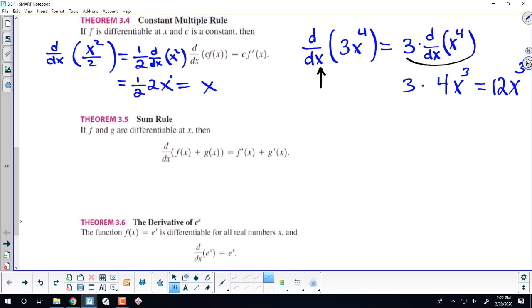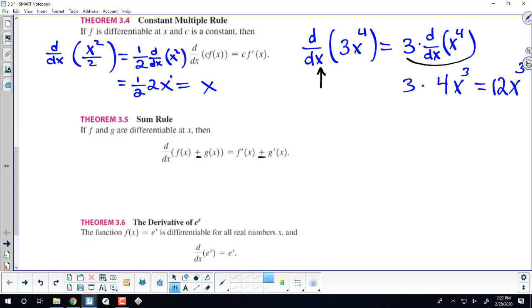The sum rule also works with the difference. Let's go ahead and write that in. If you're taking the derivative of a function plus or minus another function, then it's simply the derivative of the first thing plus the derivative of the second thing plus the derivative of the third thing, and so on and so on.